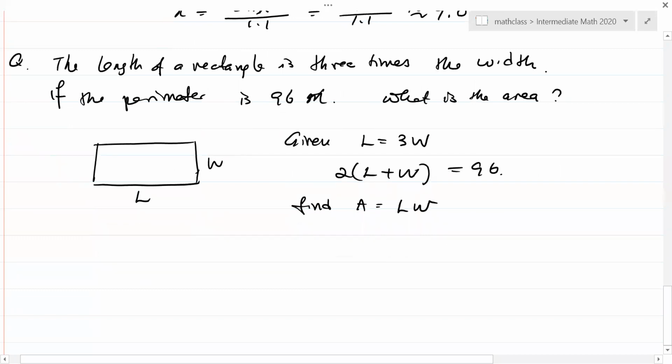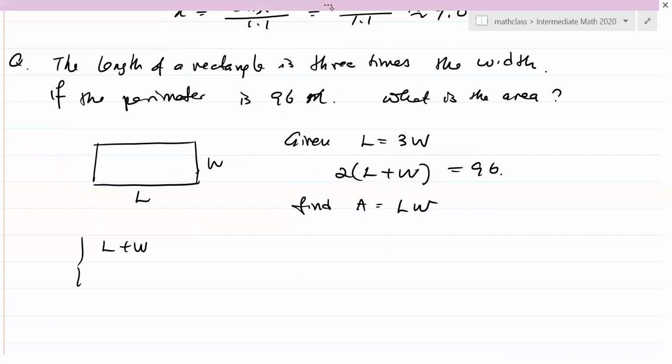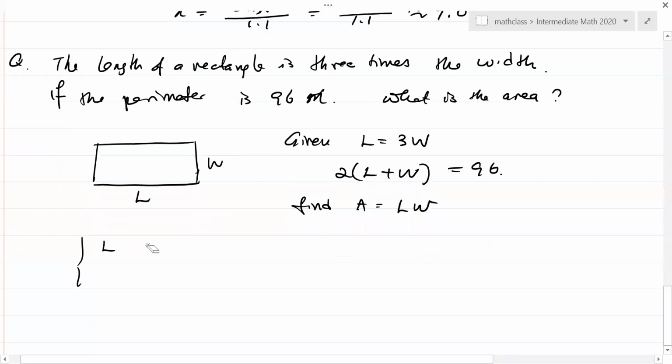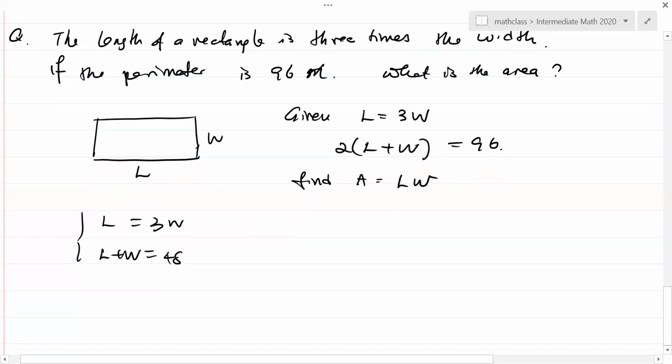So here, you can solve these two linear equations. The first equation is L equals 3W, right? And the second equation, L plus W equals 96 divided by 2, and 96 divided by 2 is 48.